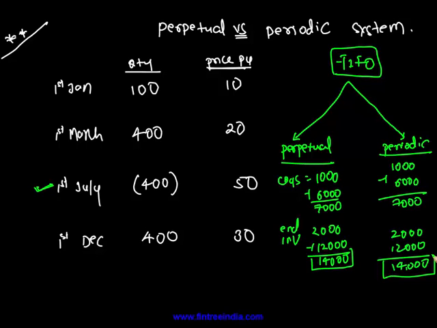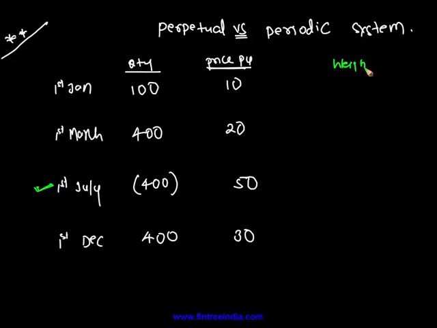Are you fine here? Let's do weighted average. Now the weighted average inventory. So this is perpetual. This is periodic. Now this is slightly tricky, so you need to be a little careful here.